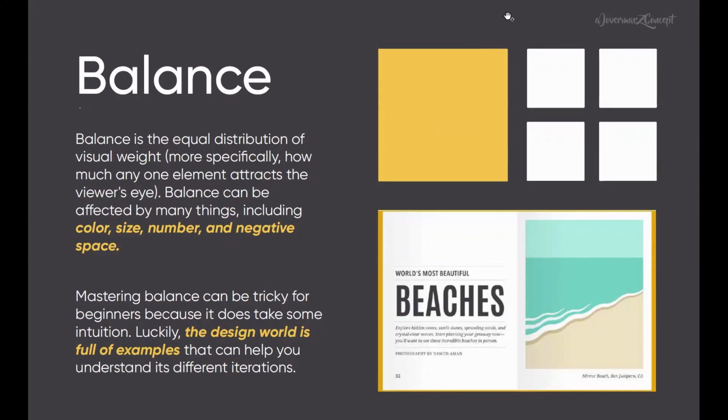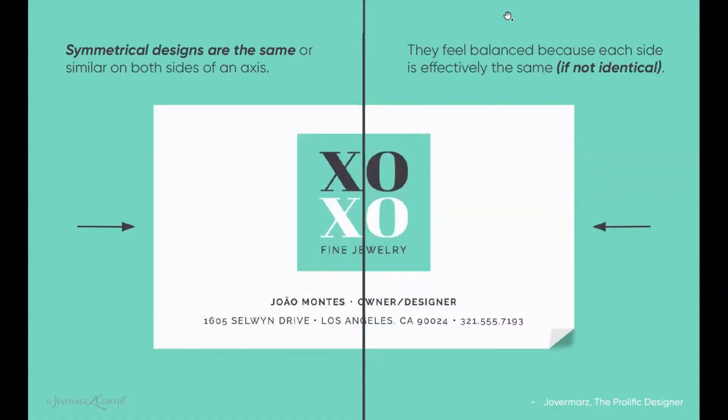Balance helps you to create that in your design, right? It could be different iterations. Now, look at this. Symmetrical designs are the same on both sides. There is no difference.